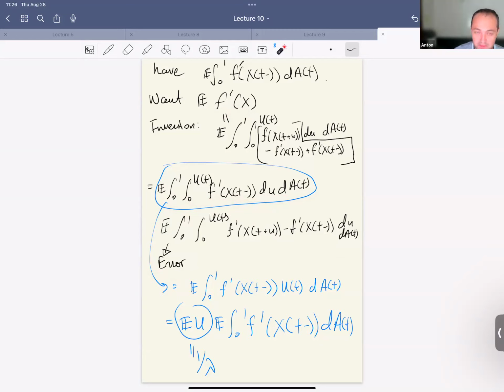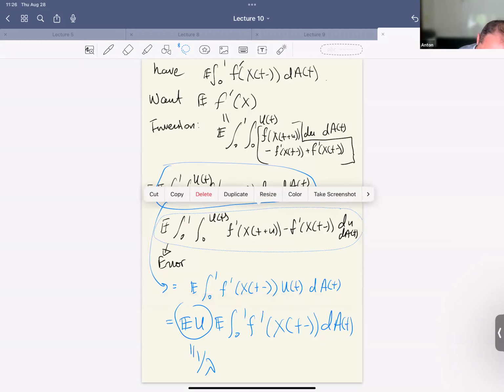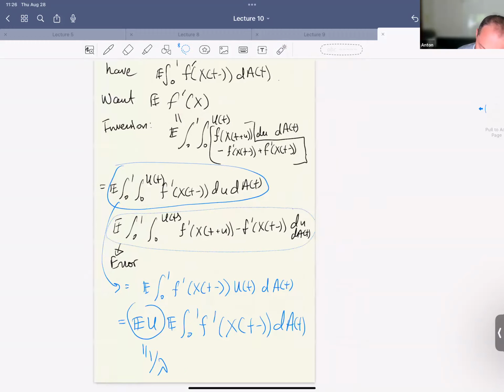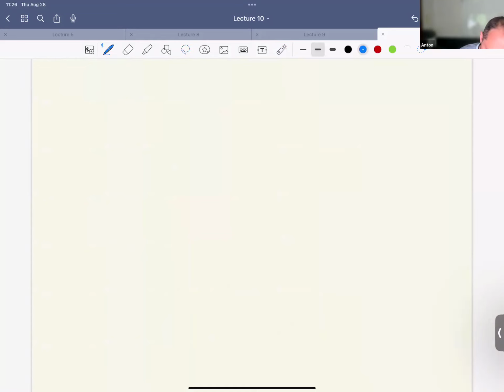I want to convince you that the error is controllable in general. So let's focus on the error term. What about the error term?